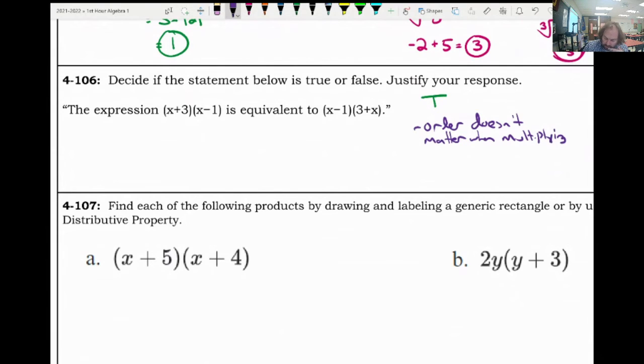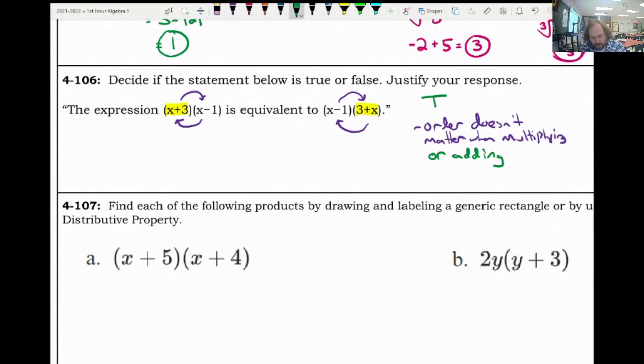My pen seems to be kind of shorting out on me. The order doesn't matter when you're multiplying. So the only thing different here is they changed the order of these two. So it does not matter what order. Also, inside, x plus 3 became 3 plus x. But it also doesn't matter if you're adding.